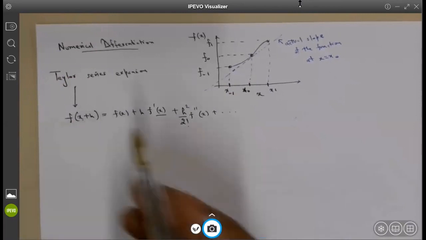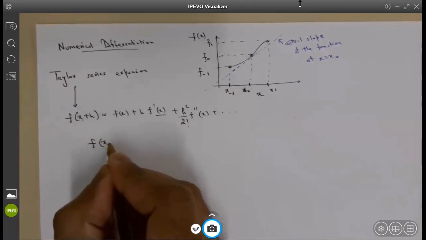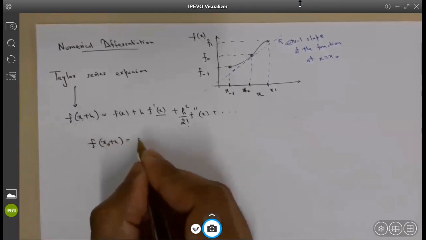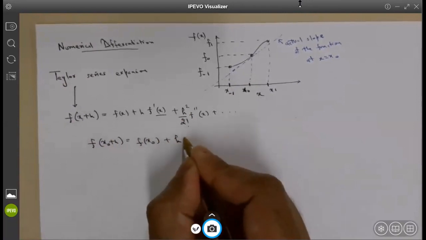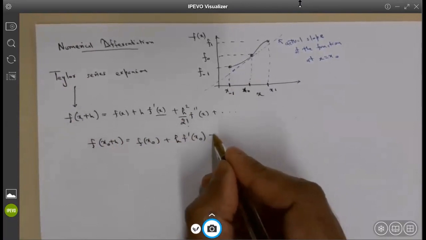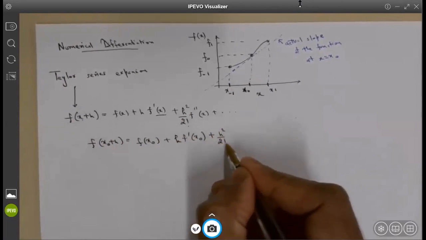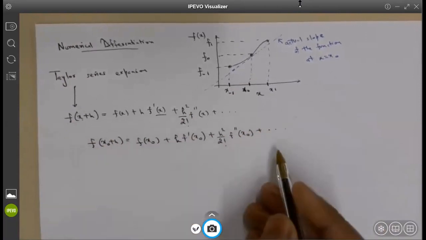If I have to expand a function about x naught, then f of x naught plus h is equal to f of x naught plus h times f prime evaluated at x naught plus h squared by 2 factorial f double prime x naught and so on. Now this is a Taylor series expansion.